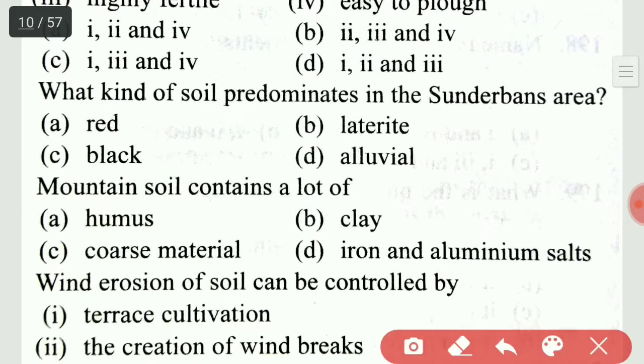What kind of soil predominates in the Sundarban area? The right option is option D, alluvial soil.